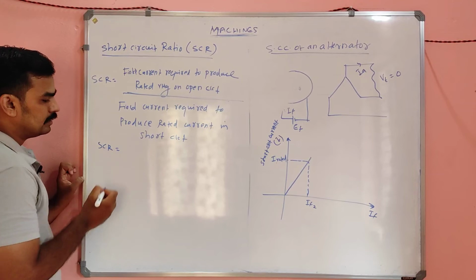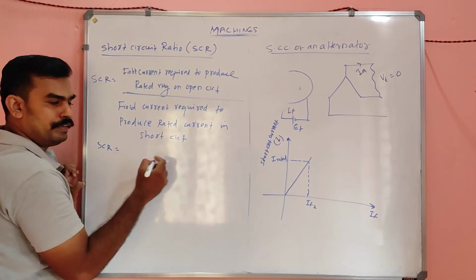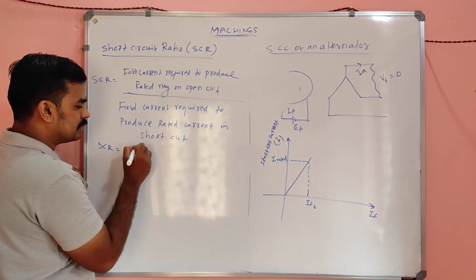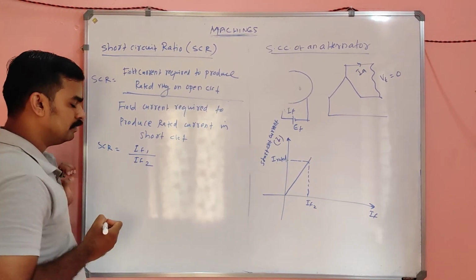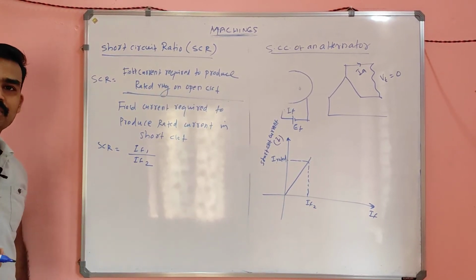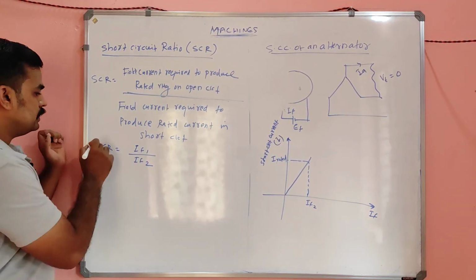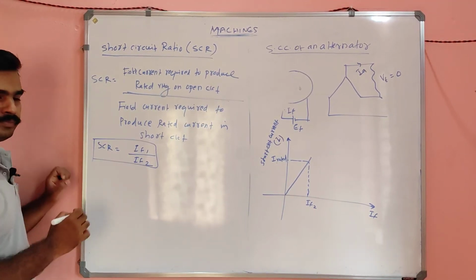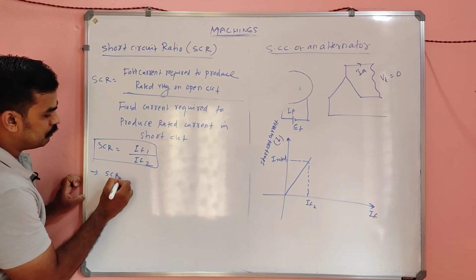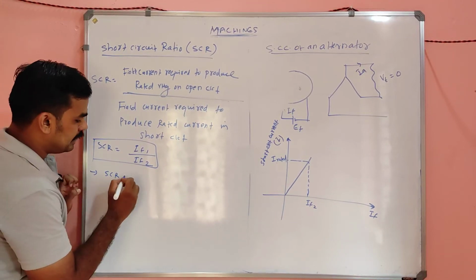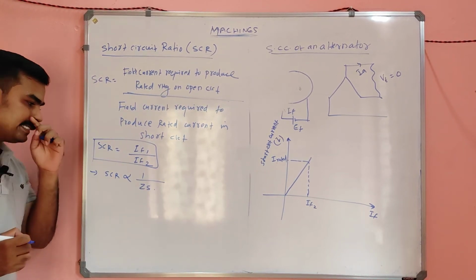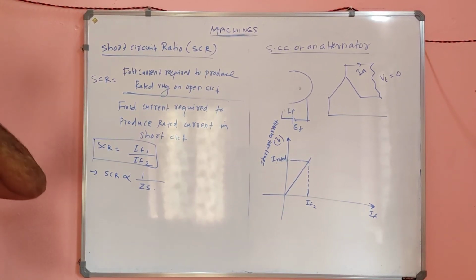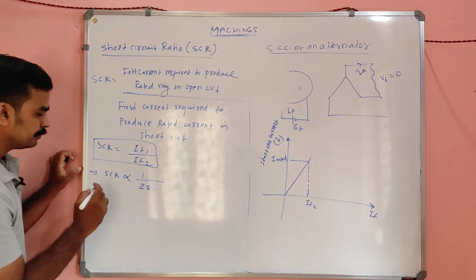Or, as in the previous figure, IF1 was the field current required to produce the rated voltage, and IF2 was the field current required to produce the rated current. So this is the SCR. We have another equation for SCR: SCR will be inversely proportional to 1 by ZS.